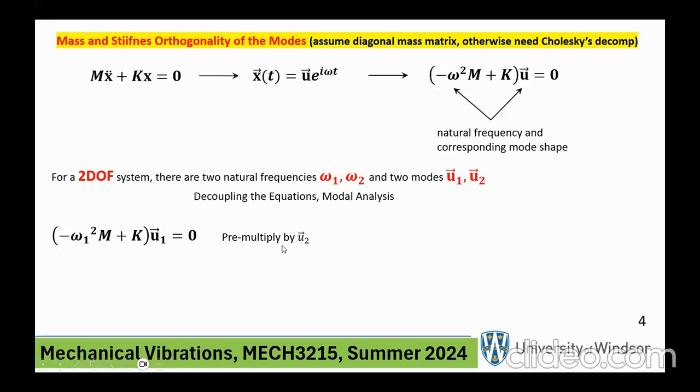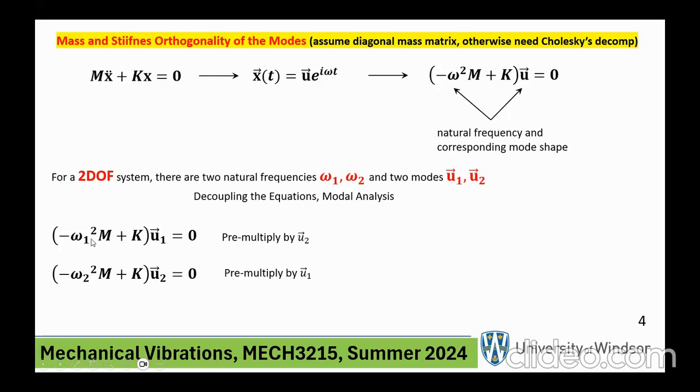Okay, so we know this. Let us multiply on the left, or pre-multiply, by u2 arrow. So this is true for u1. I dot it with u2 on the left side, which means pre-multiplied by u2. And you have the same thing for u2, except that I'm going to multiply it by u1.